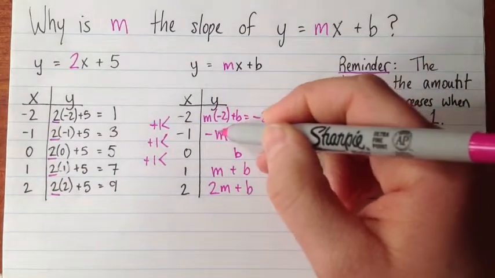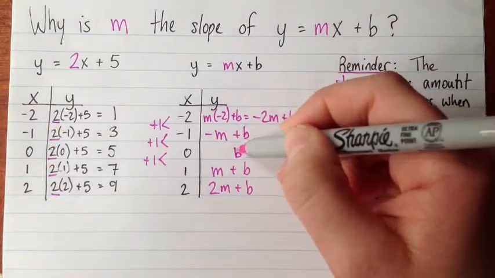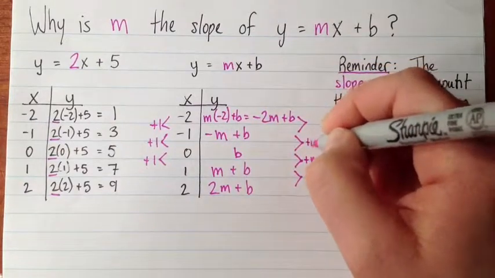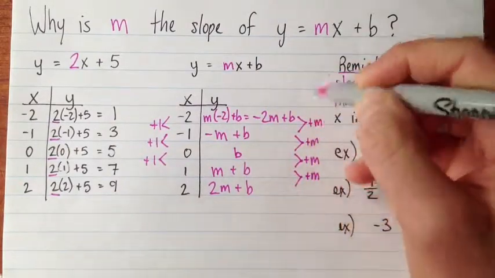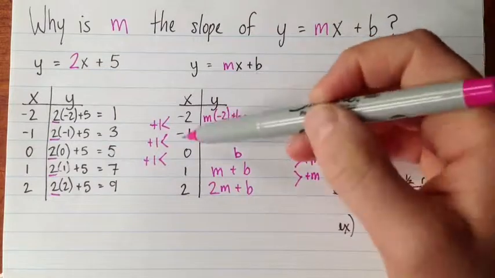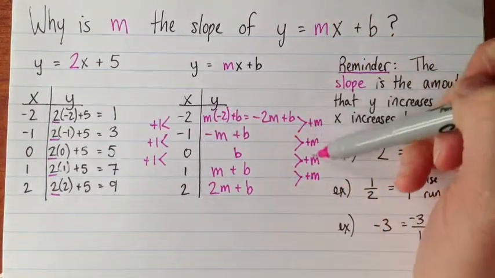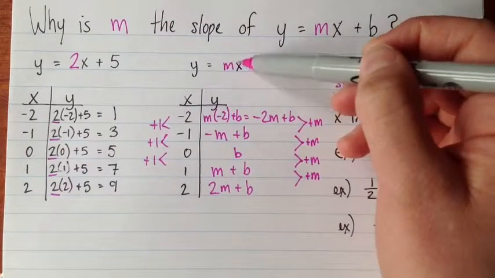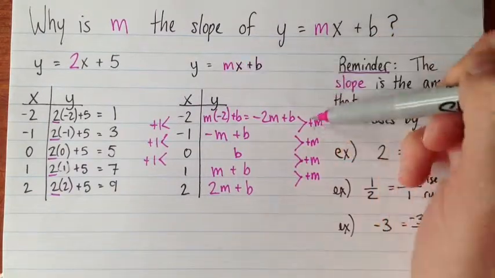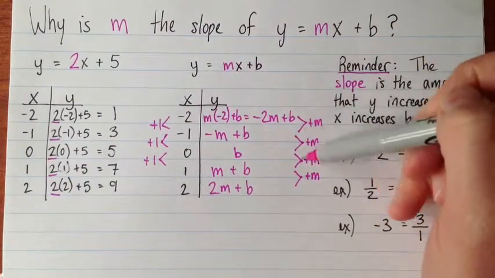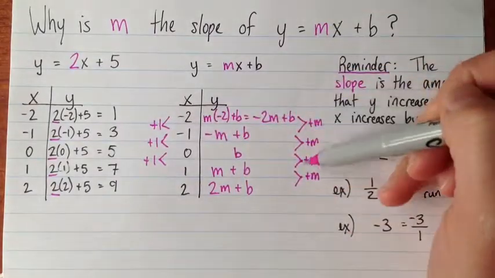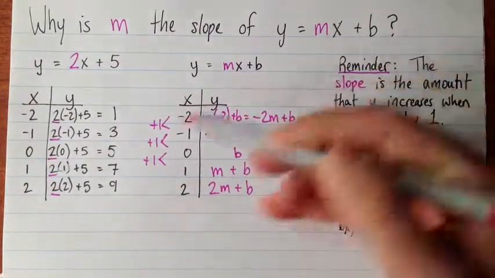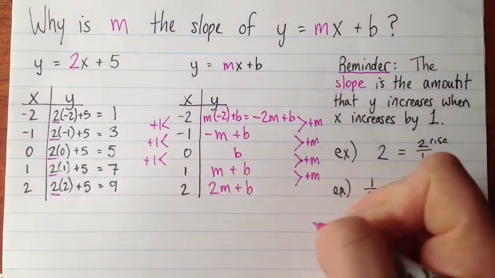And from -m plus b to b, we're increasing by m again. So every time the x value goes up, we're increasing the y value by m, just because we're multiplying the x values by m. So our x values are going up by 1, and the y values are going up by m. This is why m is the slope.